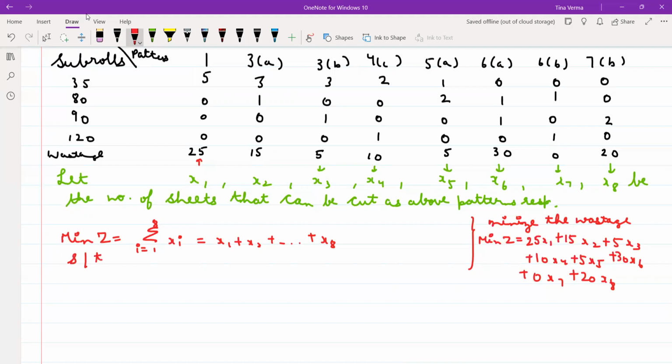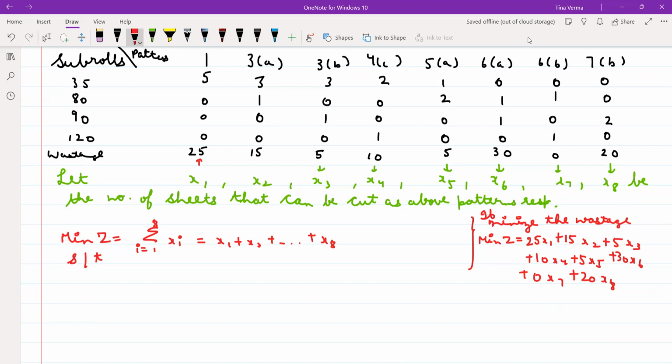Subject to constraints again. The objective function is changed. So this is the case where your objective function is to minimize the wastage. Subject to, now from the first pattern, how many rolls of 35 are you cutting? 5. If there are X1 sheets, how many rolls will you cut? 5X1.